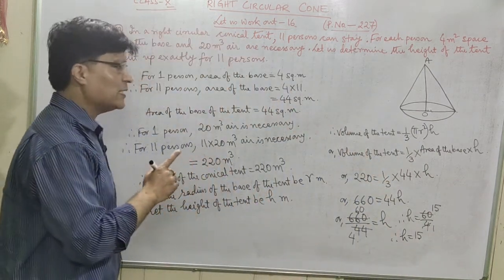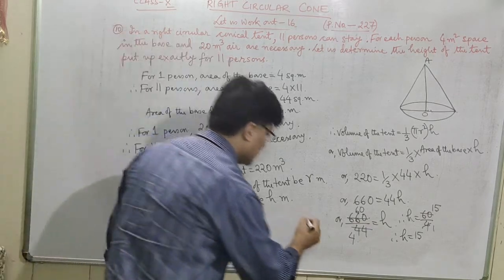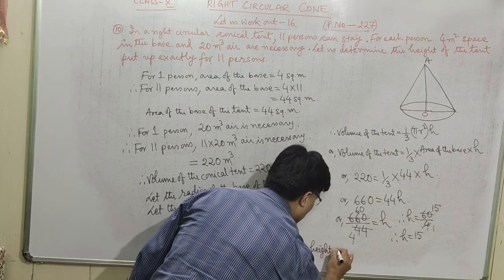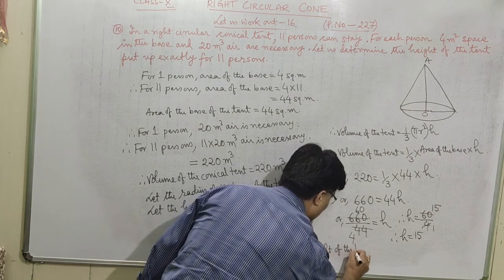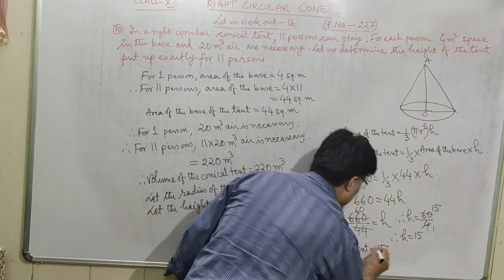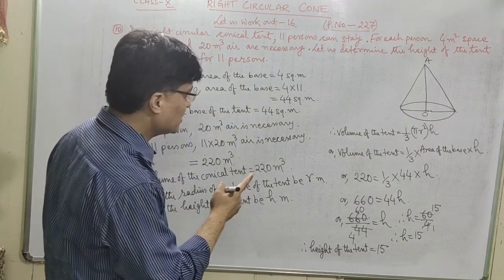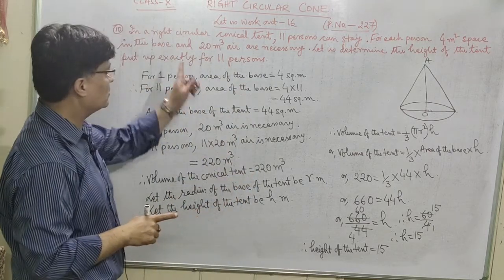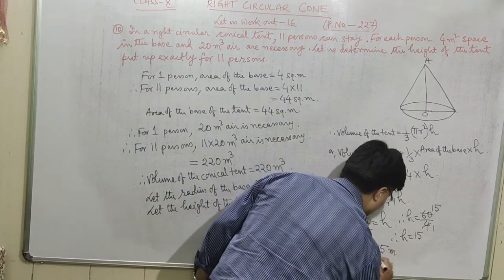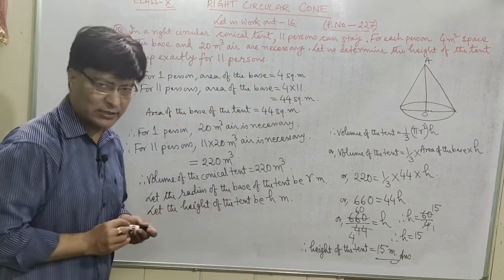H is equal to 15. What is that h? H is the height of the tent. So height of the tent is equal to 15. What is the unit? It is meter. So height of the tent is equal to 15 meter.